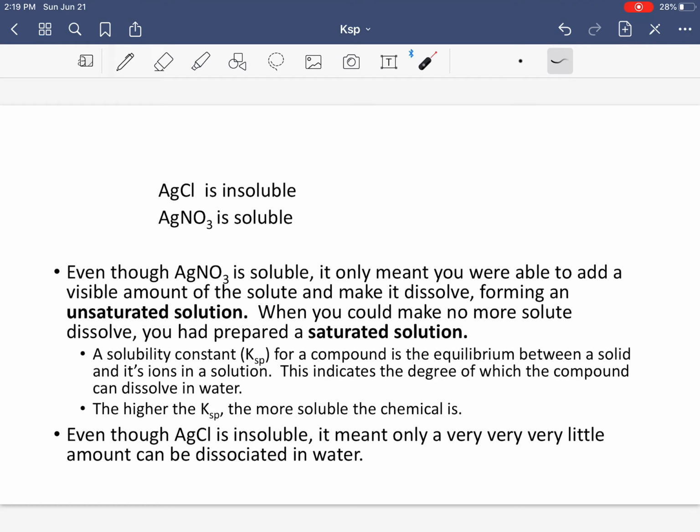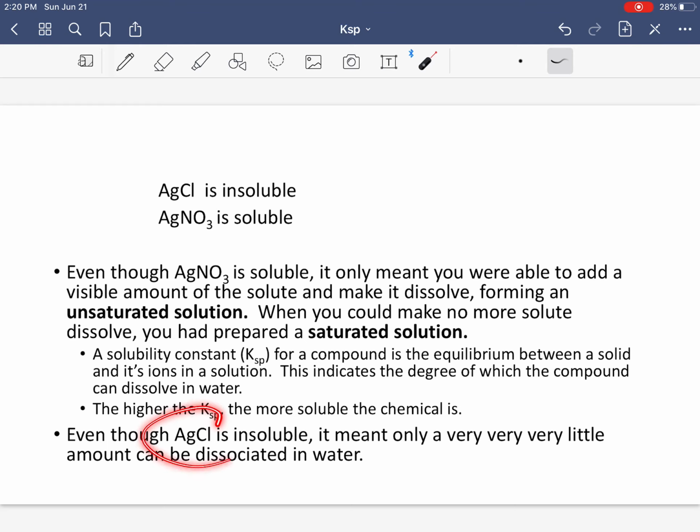But let me just tell you one more piece of information: the higher the Ksp is for a certain chemical, the more of it can be dissolved. So NaCl has a very high Ksp. Hence, you can dissolve lots before it becomes saturated. Got it?